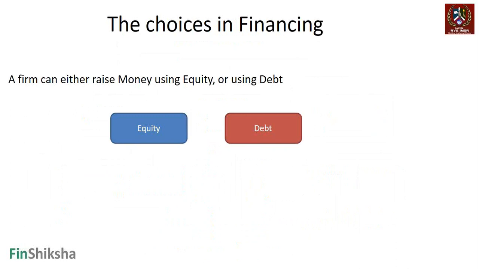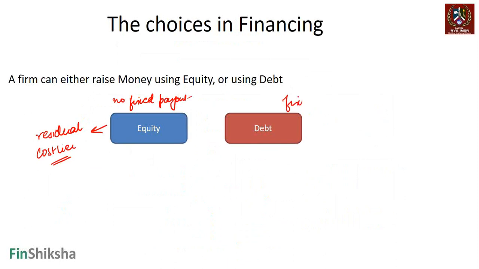Now, a firm can either raise money through equity or through debt. What is the broad differentiation between the two? In the case of equity, there is no fixed payout usually, and in a sense it's a residual payout. If something is left, then it is given to the equity guys, and it is considered to be costlier as compared to debt.